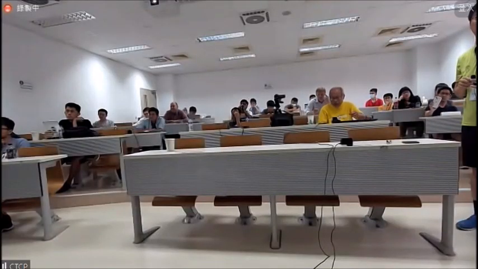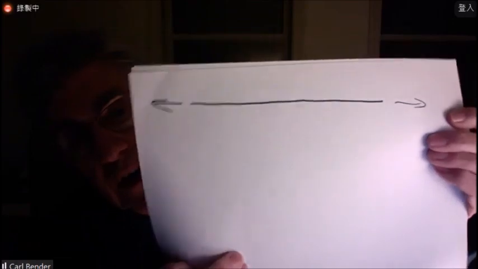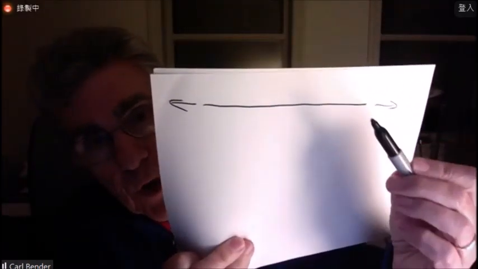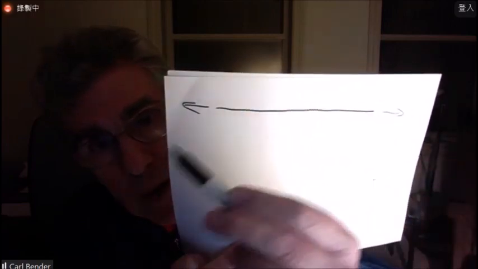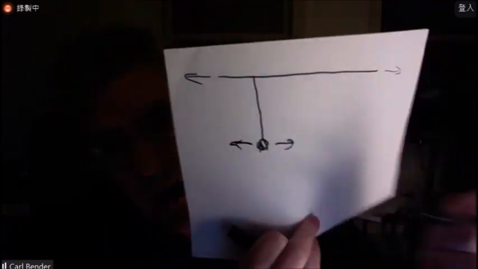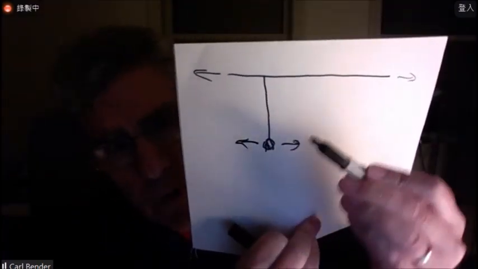Okay, and it is under tension. So this rope is being pulled pretty tight. So I'm pulling it this way and I'm pulling it this way. Okay, and now I have a pendulum hanging from this rope, and it is swinging back and forth.